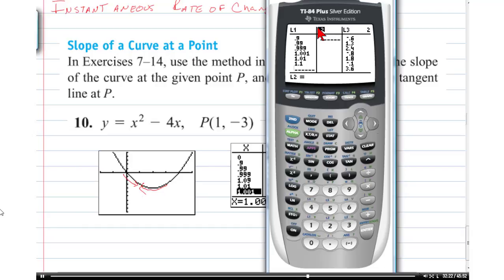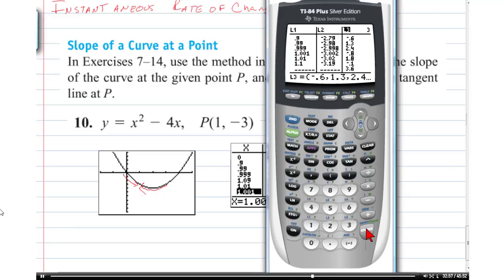The formula is going to be x squared, so list 1 is our x's, second number 1 squared, minus 4 times second number 1, that's list 1, or x. And then if you hit enter, the calculator will automatically populate list 2 with the y values.